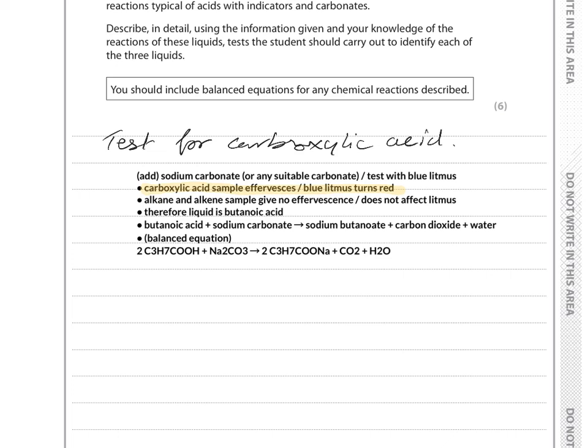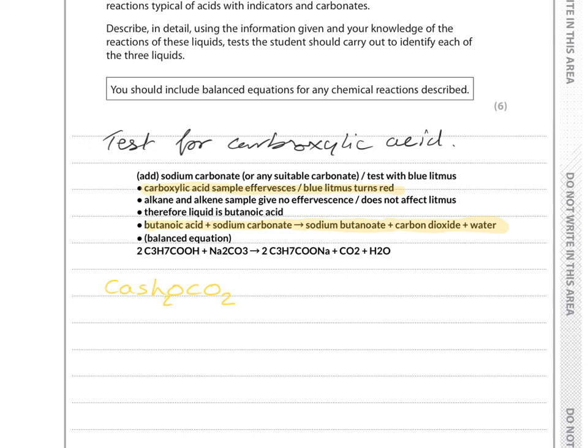So acid plus carbonate gives salt plus water plus carbon dioxide. So you can write down that word equation. Butanoic acid reacts with sodium carbonate to give sodium butanoate plus carbon dioxide plus water. Now the key thing is carbon dioxide is given off when acids react with carbonates, and you see that as fizzing.